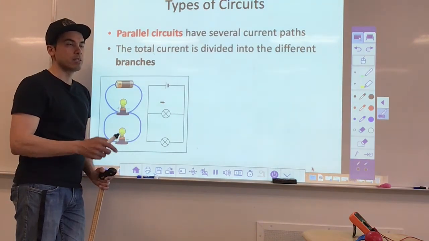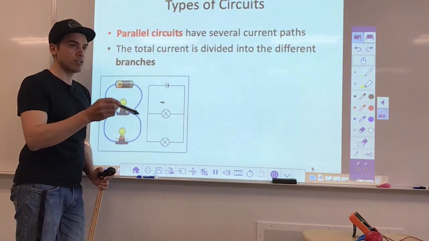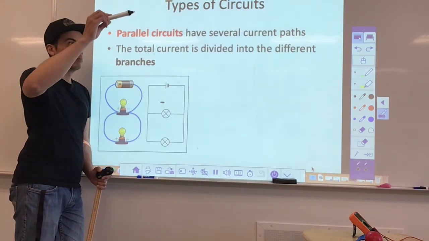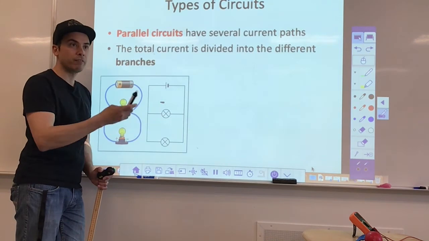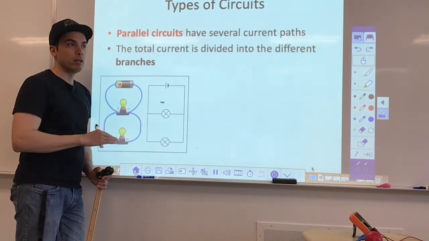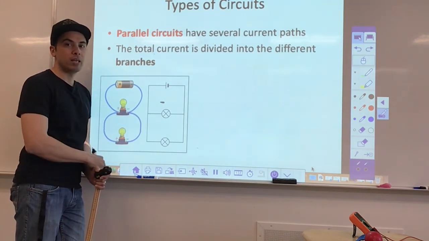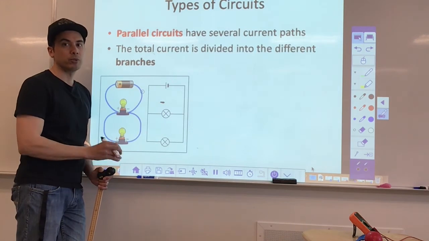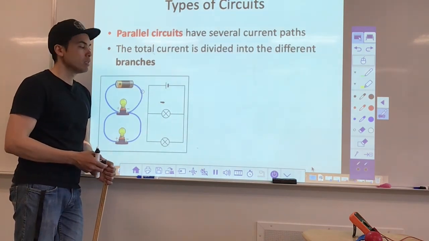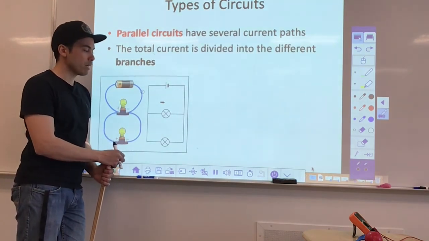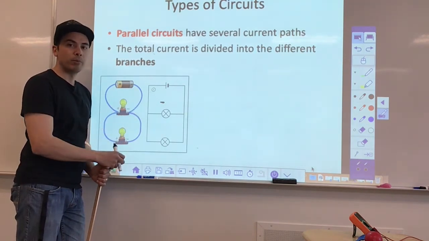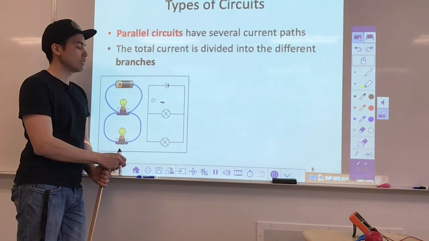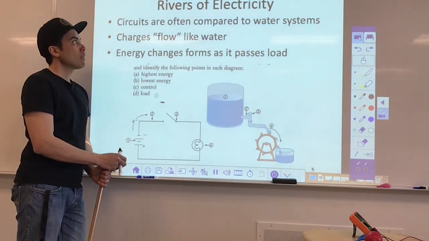Typically what we see is if it's all in one big rectangle, if it's interrupted at any point, that's going to disrupt the flow of electrons, and any load that's on there is not going to be doing its job. Our houses are wired this way, so that if there's a break in one part, we can still use electricity in other places.